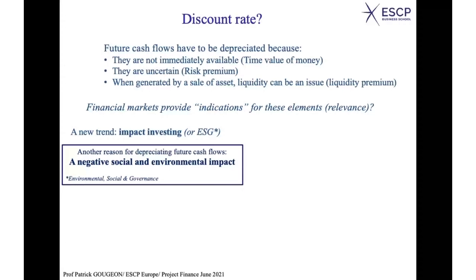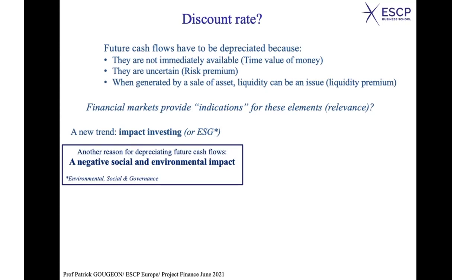Why? Because many investors just refuse to invest their money in oil and gas, because they consider that we should stop drilling and stop taking these resources out of the ground because of the CO2 emissions and the very negative impact on the environment.